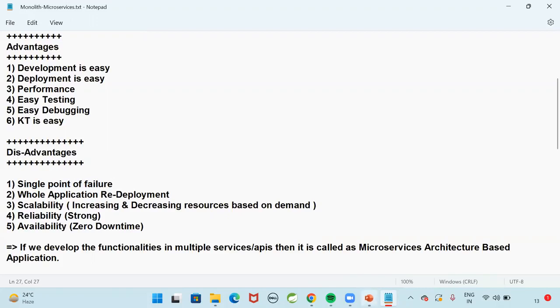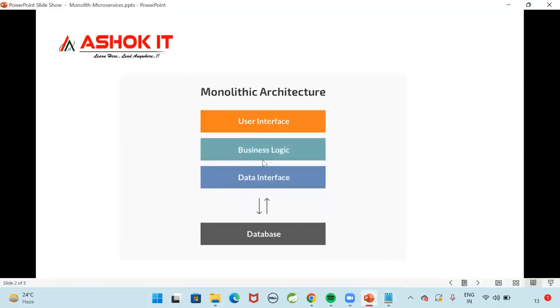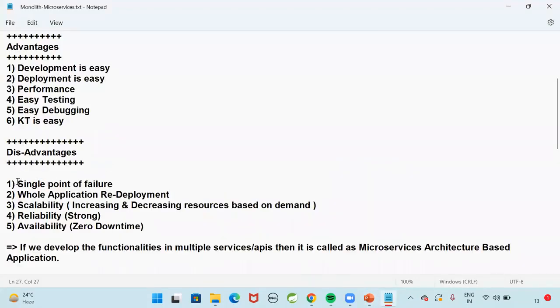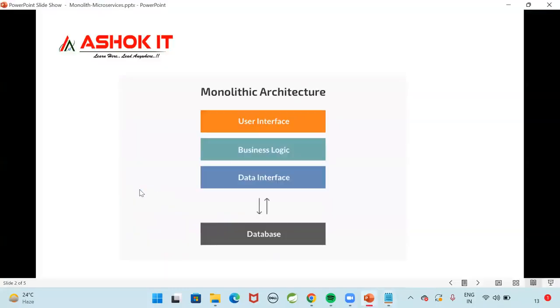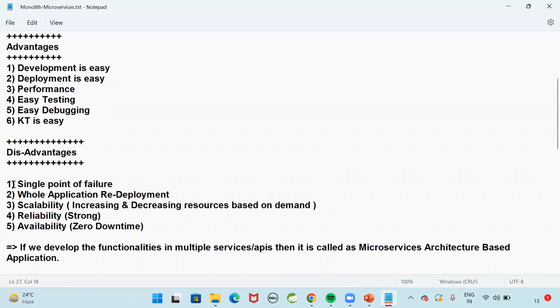If there is any problem in the application, then the entire application is going to fail. If there is some problem in the business logic execution, then the whole application is going to fail. If there is a small problem in the user interface, then the whole application is going to fail. Single point of failure is one of the biggest disadvantages when we go for monolith architecture.